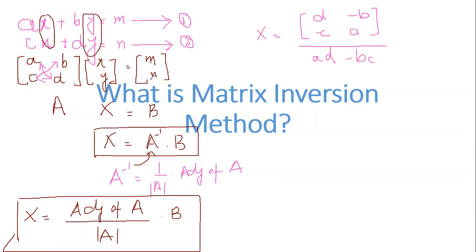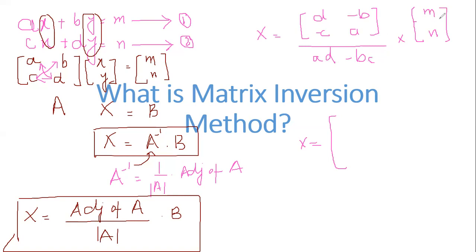And what is the B matrix? B matrix is M and N. So now multiplying, first we multiply this M and N into the whole matrix, and then the whole is divided by this one.